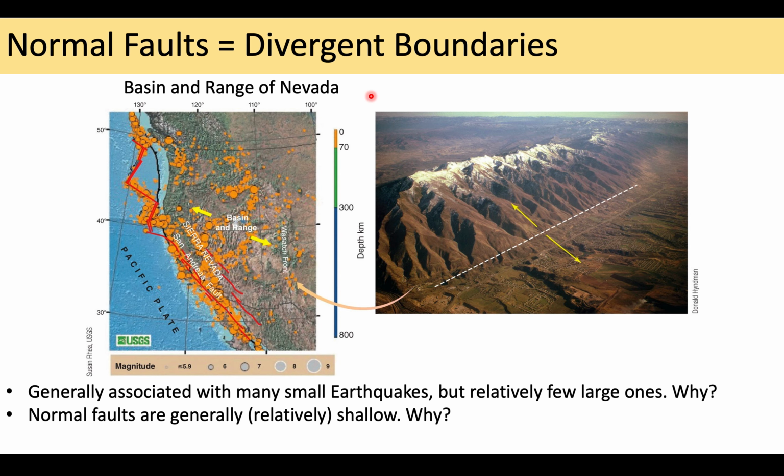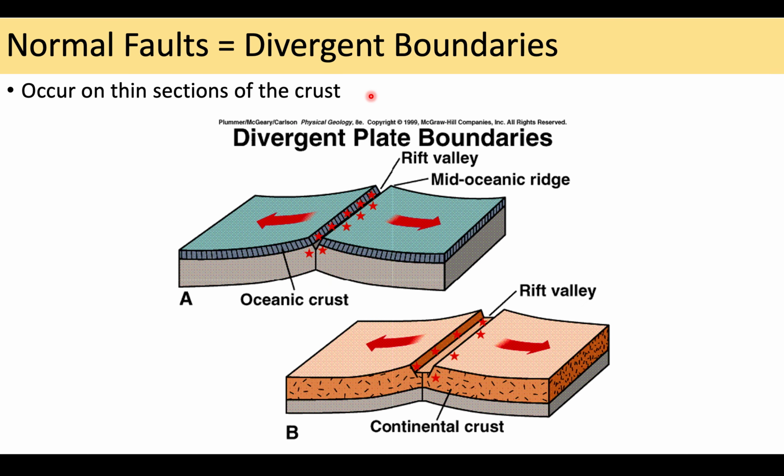At divergent boundaries and normal faults, we usually see very many small earthquakes, but not many large ones. And these earthquakes are generally very shallow. That is because at our divergent boundary, we really don't have much motion with depth.